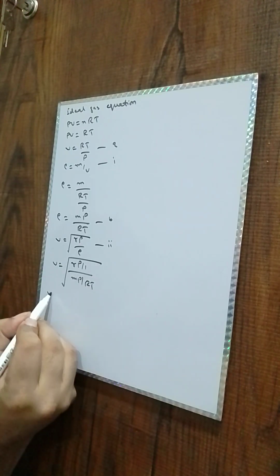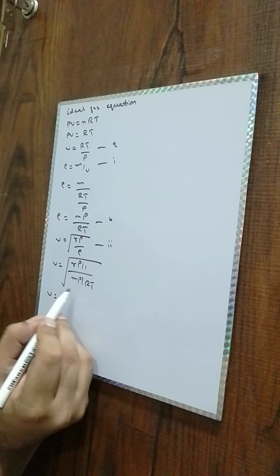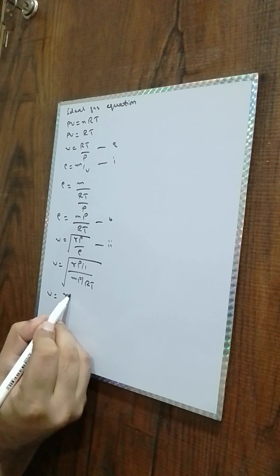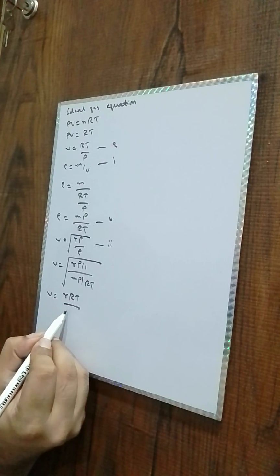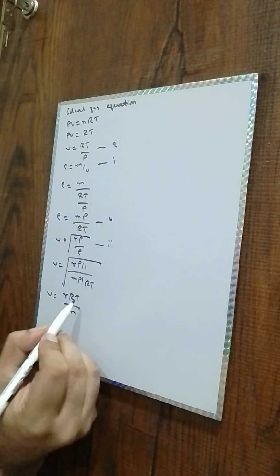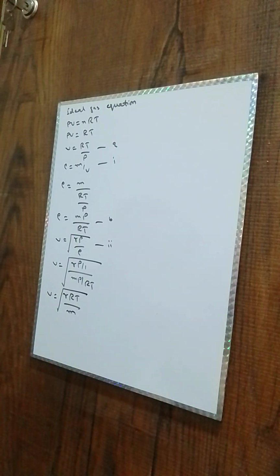P cancels out, RT goes above, so V is equal to root of gamma RT by M.